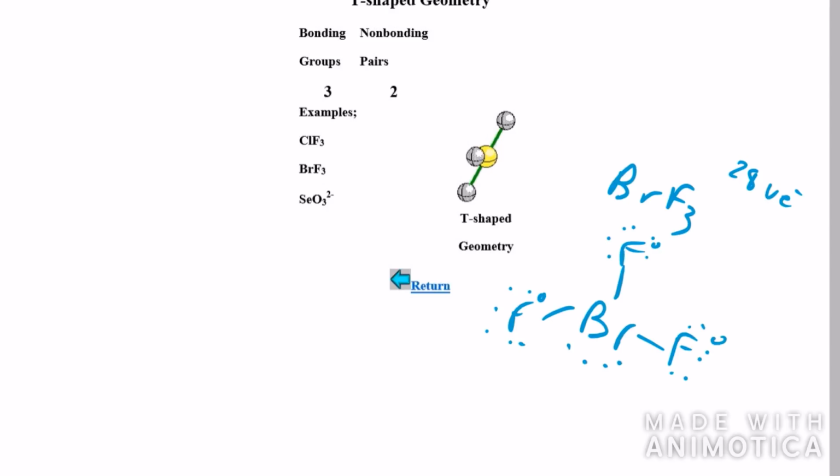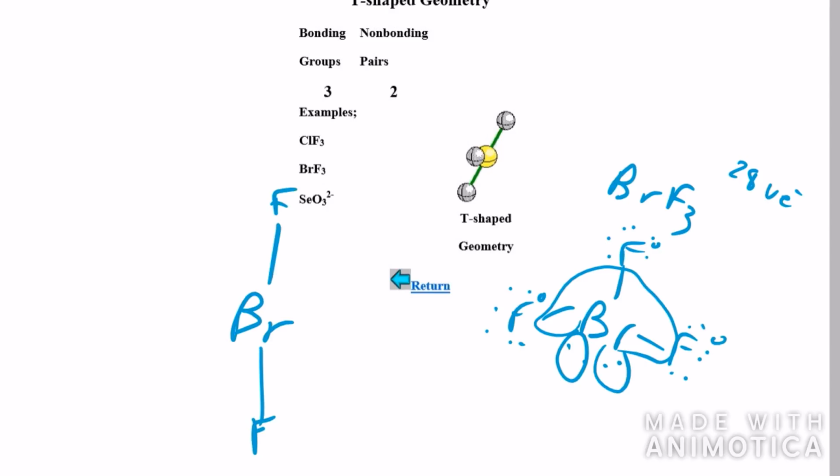So notice that we have 2 non-bonding pairs and 3 bonding. And then if we were to draw this out, we could say, okay, Br has an F and an F, and it has 2 lone pairs, so we'll just put the lone pairs here and here.